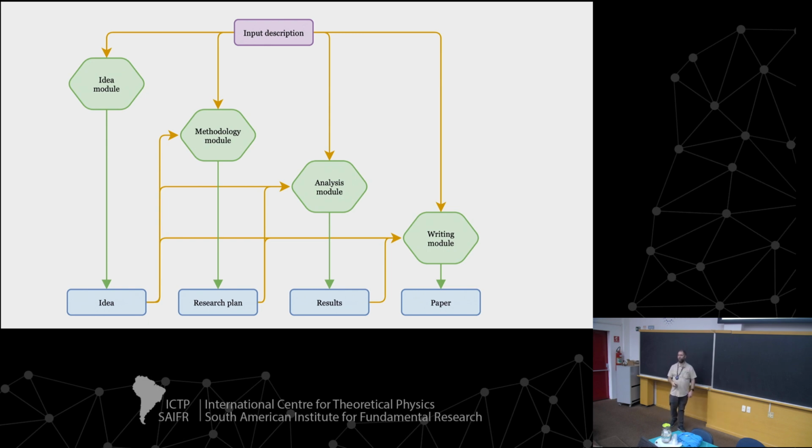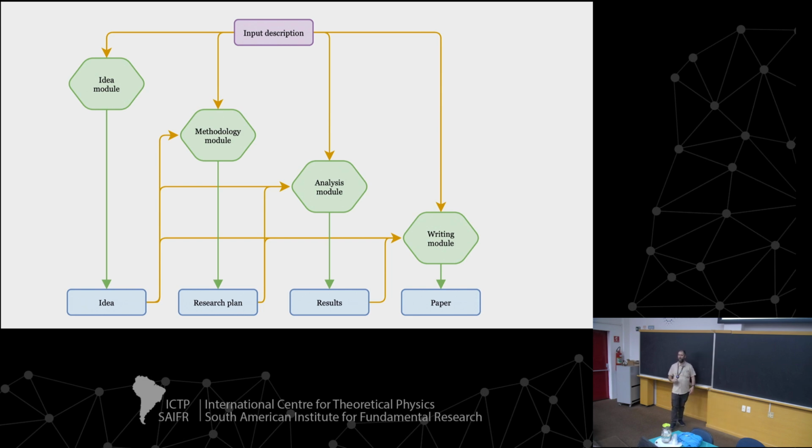It says, first you need to read the data, next you need to normalize the data, you need to train this model, and then you need to do a statistical analysis, and so on. Then the next module takes the idea and the research plan, and does all the heavy lifting.